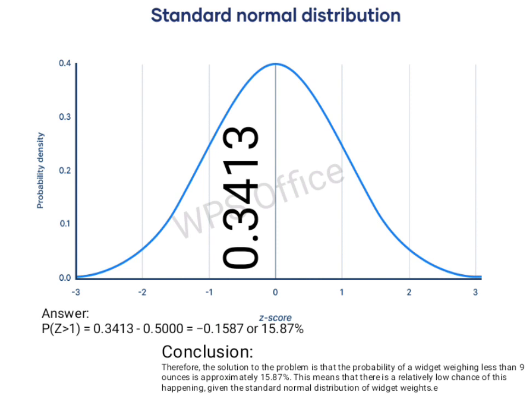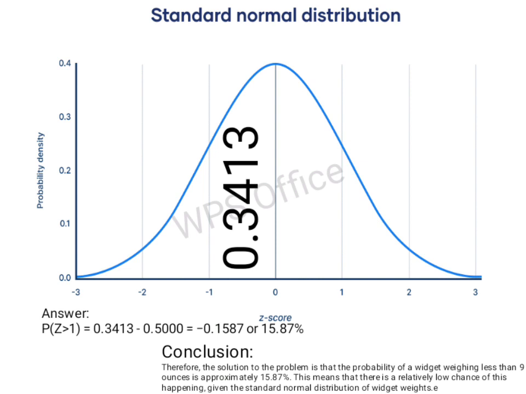Our answer here is z is less than -1 is equal to 0.5000 minus 0.3413, which is equal to 0.1587 or 15.87%. We put our answer on the left side of 0, the negative side, which is 0.3413.